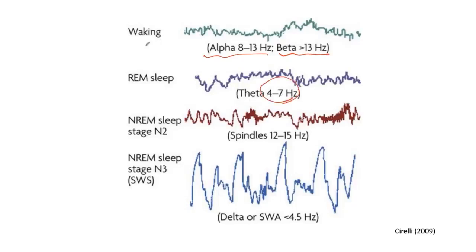We have discussed that even in waking, we have definitely lots of connections in the brain through the theta frequency wave band, but we can have a specific theta frequency band in REM sleep, and I will tell you about how and why these theta frequency bands are important in REM sleep. And then in non-REM sleep, and then in N2 and N3.